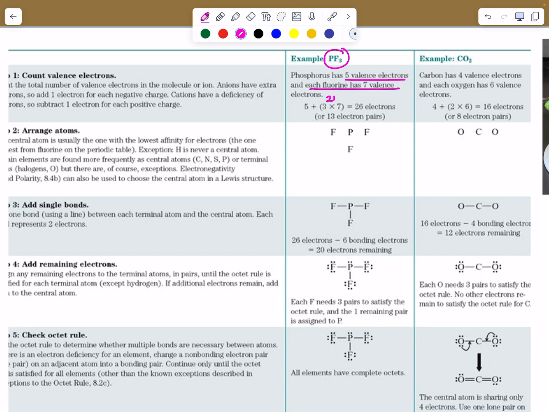And so we're going to be arranging the atoms. We have to pick a central atom. The way we do this is we think about electron affinity. The central atom is going to be the one that has the lowest affinity for electrons. Later in this chapter we talk about electronegativity, so it will be the atom with the lowest electronegativity.